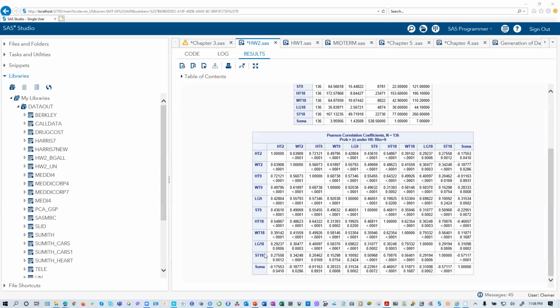It's not necessary to be the highest correlation, but ST18 strength and weight. No, I'm sorry, I'm looking at the wrong place. LG18, no, see, weight LG18. No, but we use the HT18.